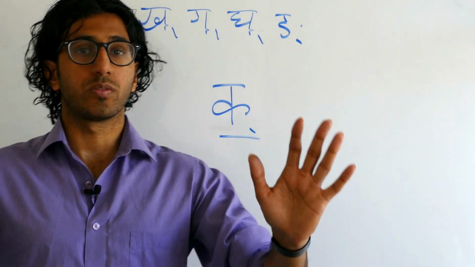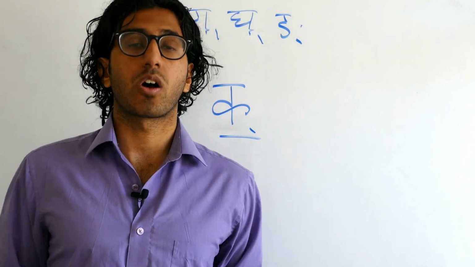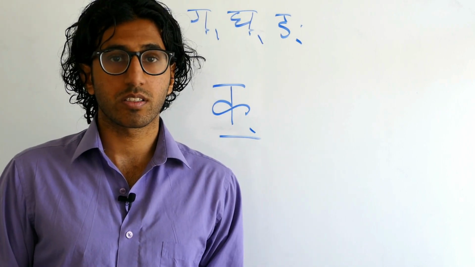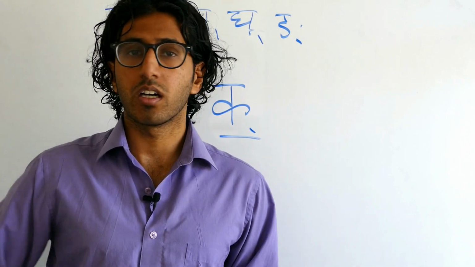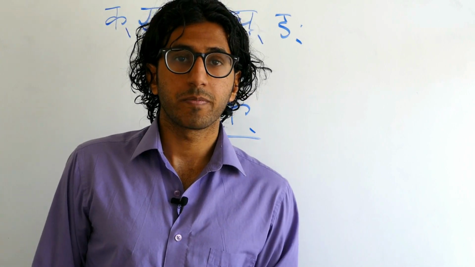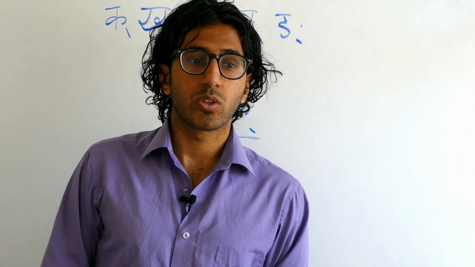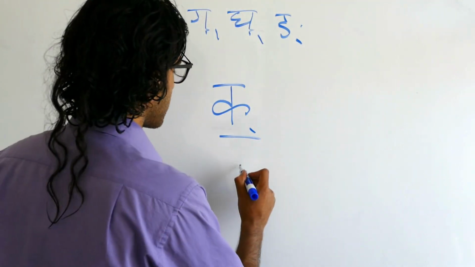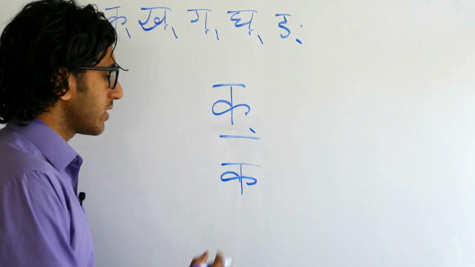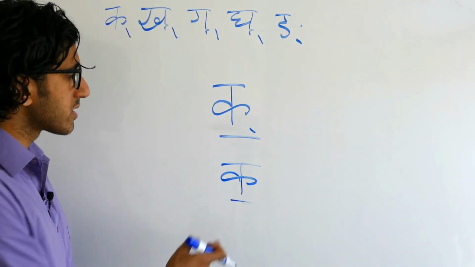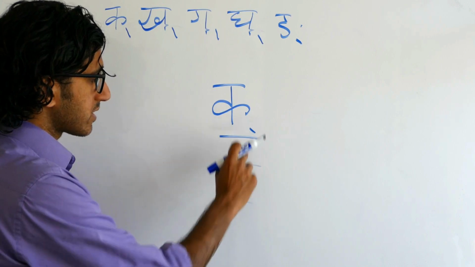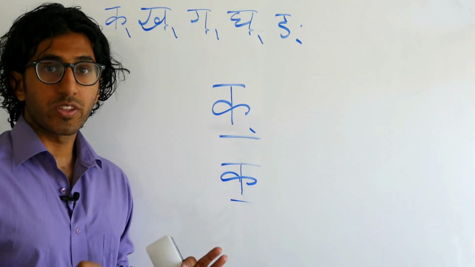So in general, when we're just talking about consonants, that's a k, that's a g, that's a ch. You're identifying it like this, because this without this symbol is with an a attached to it.